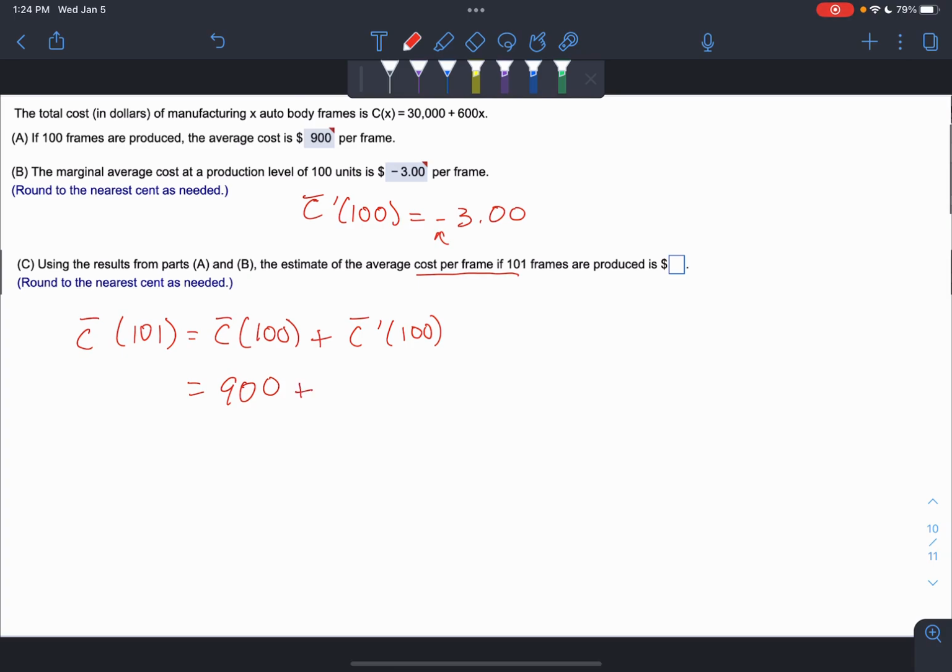And then I have this negative 3. And so when you add the two, $897, right? And this kind of makes sense. Like I said, for the marginal average cost, for every frame over 100, the cost reduces by $3. So that's why, since we're only producing one more frame, 101, I'm going to subtract 3 from the cost of 100.